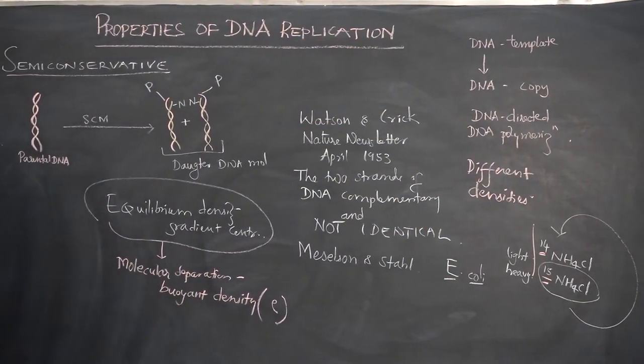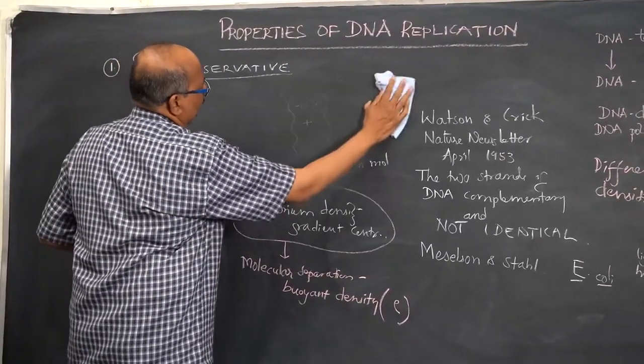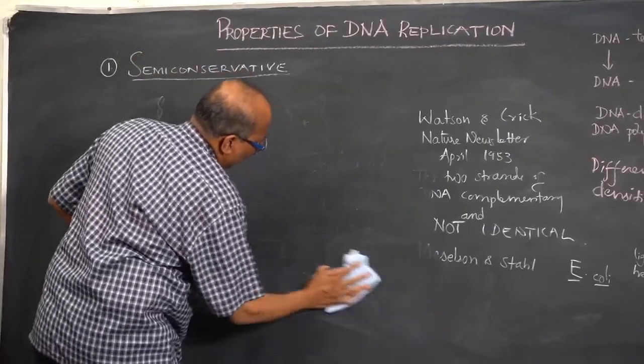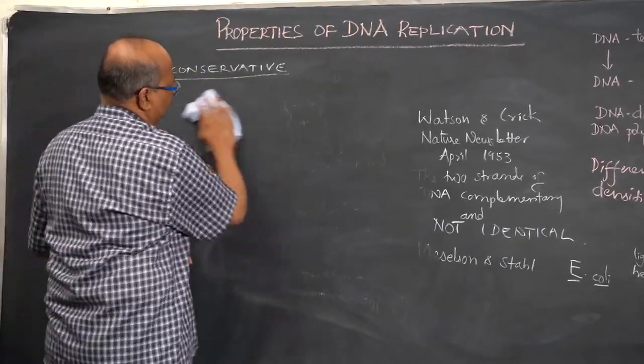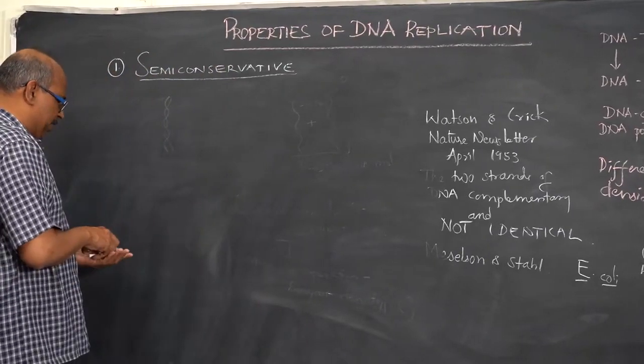So when they carried out this experiment, what they found after the first generation is they got only hybrid DNA.